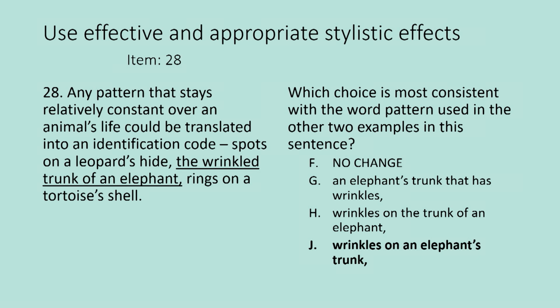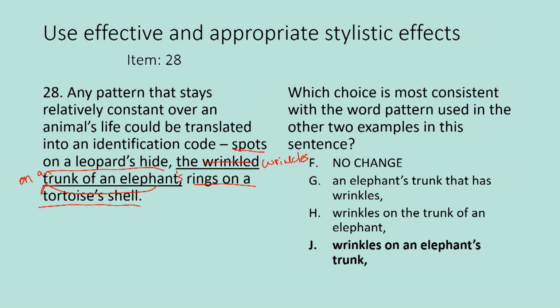It's looking at this identification code. It says spots on a leopard's hide, and I'm going to skip the underlined part, rings on a tortoise's shell. So you have spots and rings. So this would be wrinkles if we're trying to maintain that. The wrinkles on an elephant's trunk.